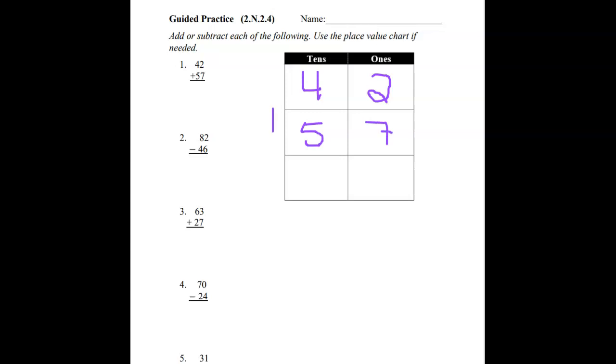This one is a plus. All right. We're going to add. So 7 plus 2 is what? 9. And 4 plus 5 is 9. We didn't have to carry over, did we? That one was easy. Super easy.